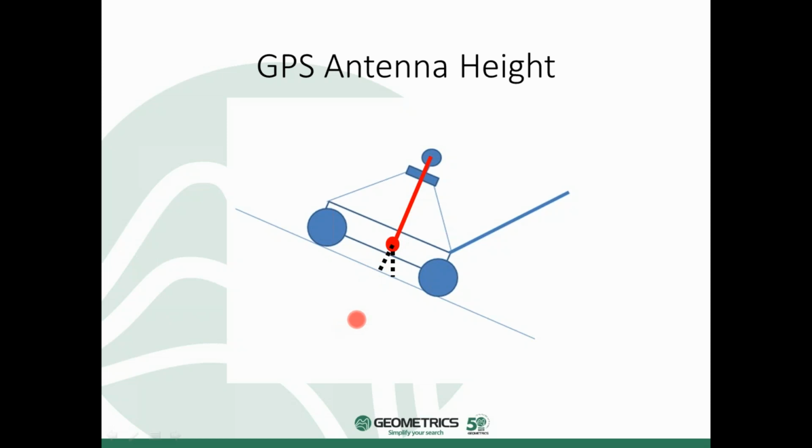But then you'll have to know that the UTM positions reported are not going to be the center of the cart. They're going to be on the ground. And so this is an option that's available. I'm not going to say which is the best operating procedure for you guys, but it's something to keep in mind that on steep slopes, the navigation display will have a little bit of offset.